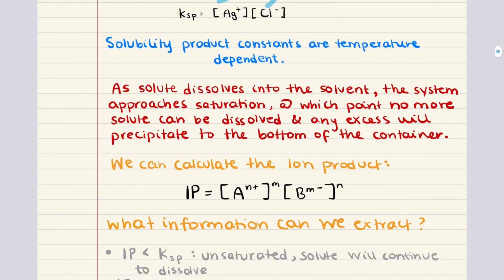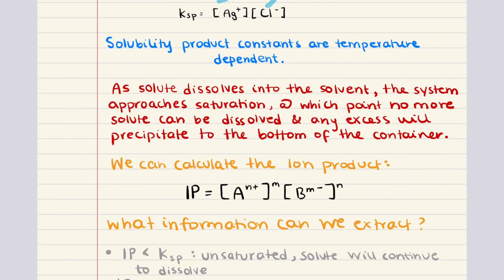From here, we can begin to discuss saturation and the role of Ksp. As an ionic solid dissolves in water, the system moves toward saturation. Saturation occurs when the concentration of dissolved ions reaches the maximum allowed by the Ksp value at that temperature. At this point, no more solute can dissolve, and any additional solid will precipitate out of the solution.